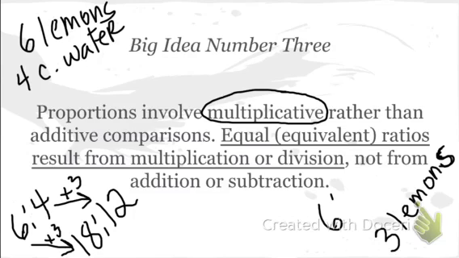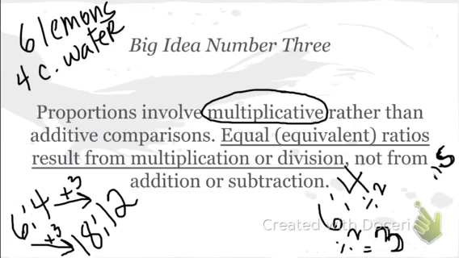If I compare my 6 to 4, if I had only 3, that means I only have half of the 6. I could divide 6 by 2, which equals 3, and then 4 cups of water divided by 2 equals 2. So I would have my 3 to 2, which is an even more precise ratio.